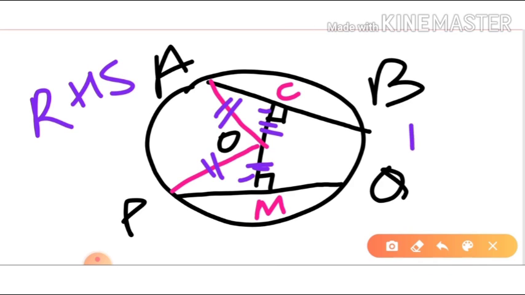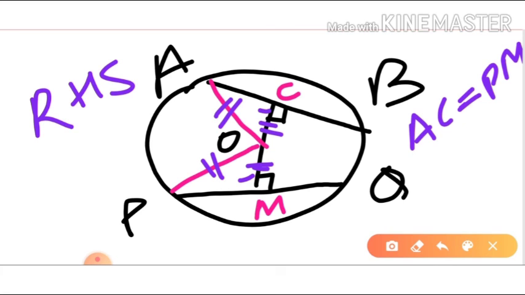So what is left is AC is equal to PM, and we know that OC and OM are perpendicular to AB and PQ, and it bisects the chord. The perpendicular drawn from the center of a circle to any chord bisects the chord.